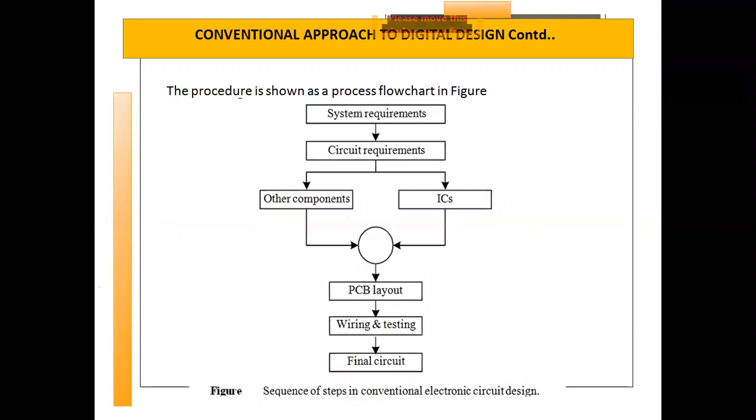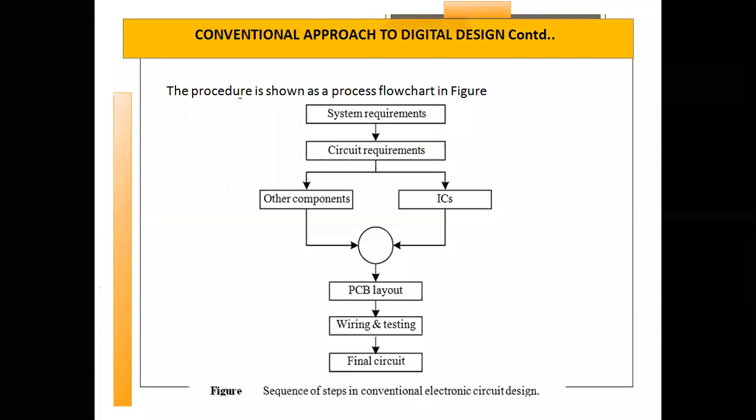And some other components, such as what we have discussed before, that is discrete components such as capacitors, transistors, or some other devices. They both will be combined. Both ICs and discrete components can be used for designing our circuit.